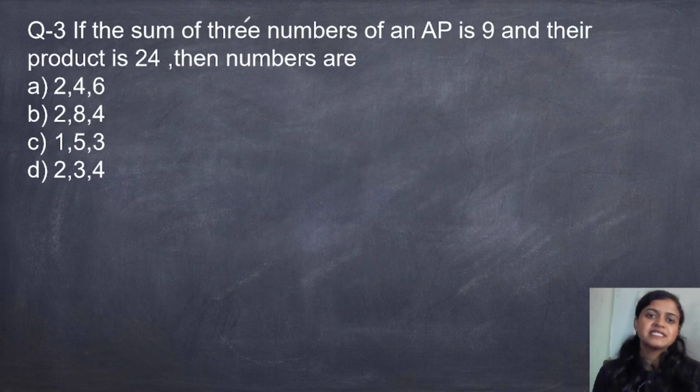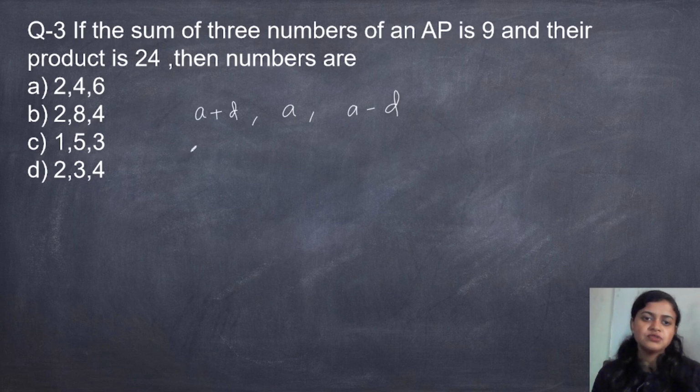Question number 3. If the sum of three numbers in an AP is 9 and the product is 24, what are the numbers? We have to take the three numbers like this: a plus d, a, and a minus d. First, the sum is 9.